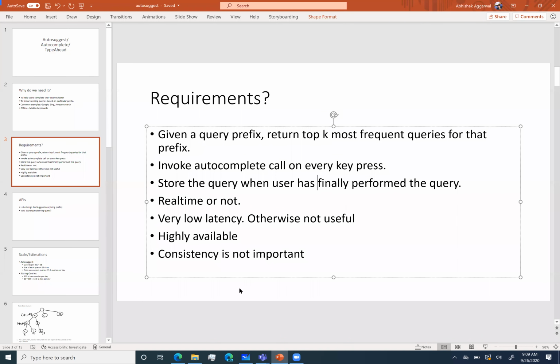The other thing is whether the system should be real time or not. What we mean by real time is this: if some of the queries have recently started trending, should my system show those queries immediately in the auto suggest in real time, or is it okay that I have some offline processing system?